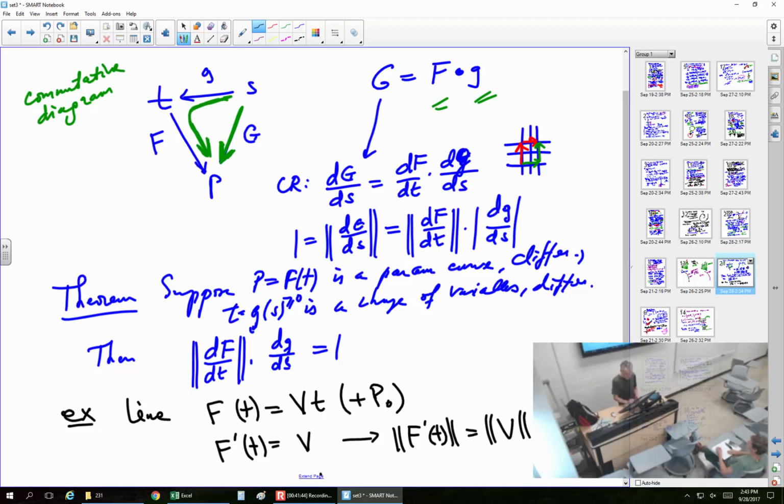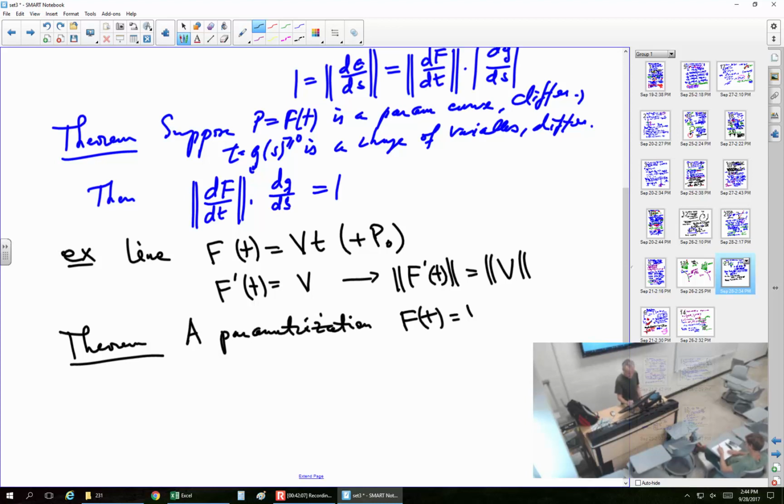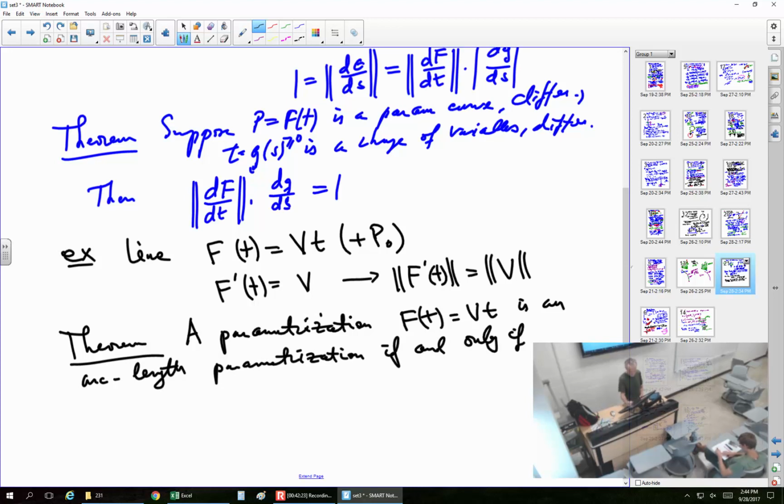So then we can conclude that, well, let me put it this way: the parametrization f of t equal to vt is an arc length parameterization if and only if the magnitude of v is equal to 1. Okay, that certainly is predictable.